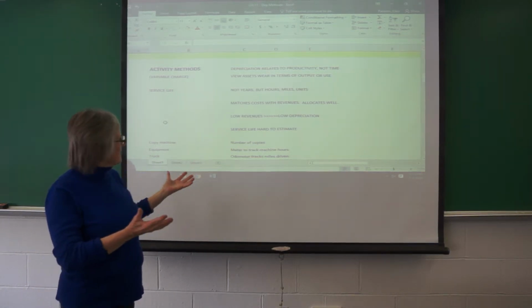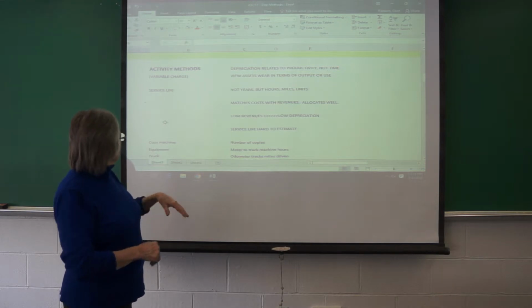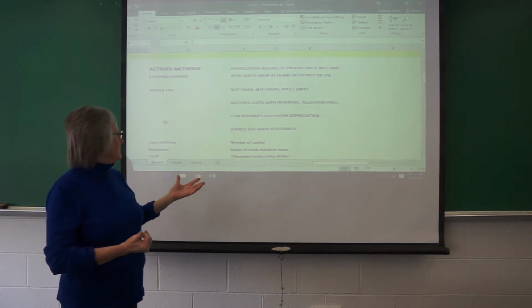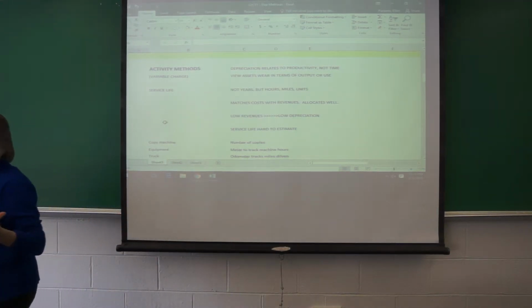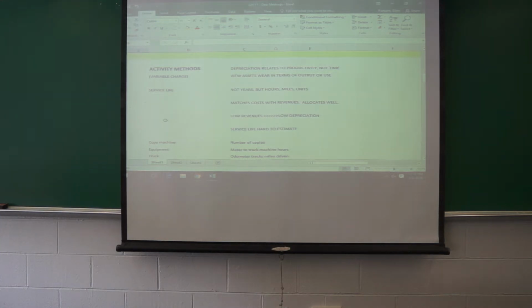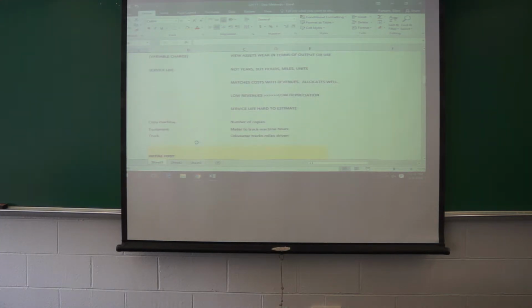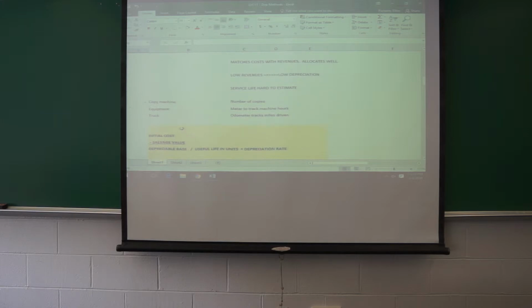If it's used more, you're going to have higher depreciation. The service life may be hard to estimate, but estimates are estimates, and you have to figure that out. So these are various. It could be with the copy machine, the number of copies, or you've got a meter on a machine for the machine hours, and you could look at miles driven.